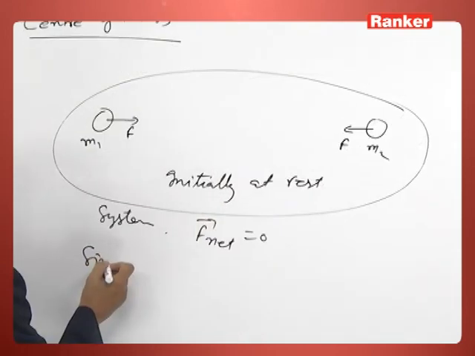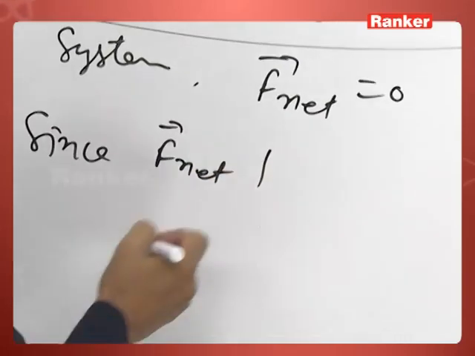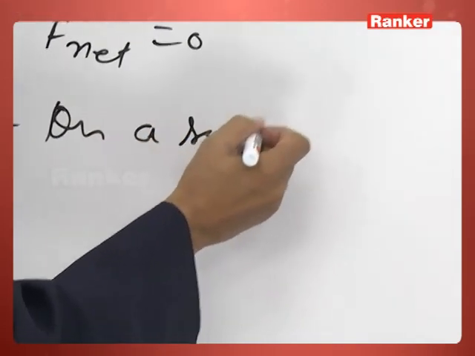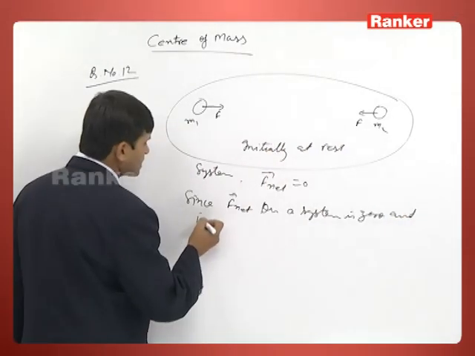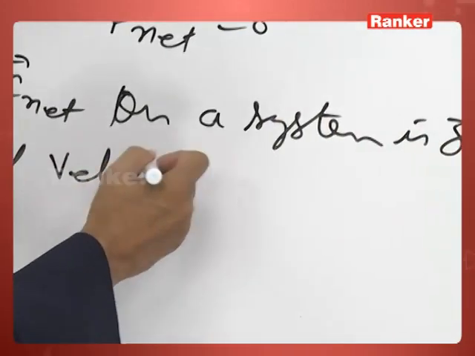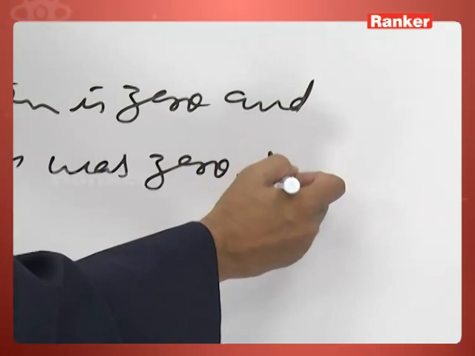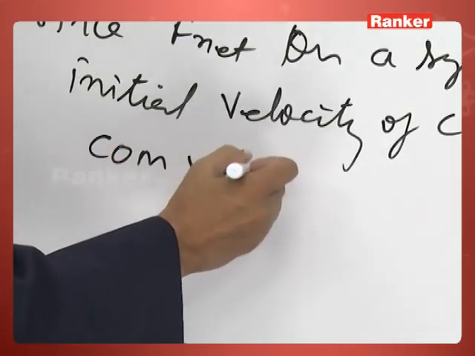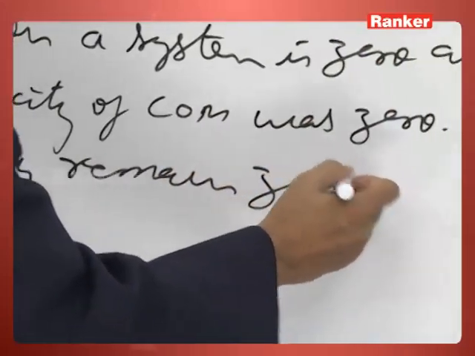So we can write here, since the net force on the system is 0 and the initial velocity of the center of mass of the system was 0, its center of mass velocity remains 0.